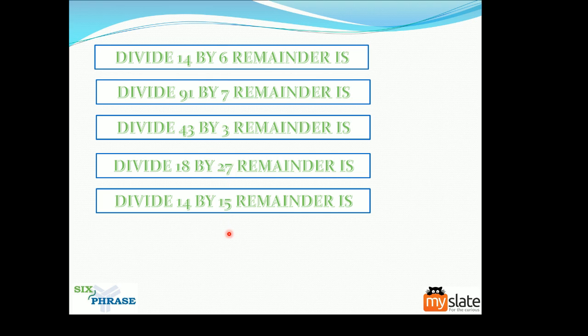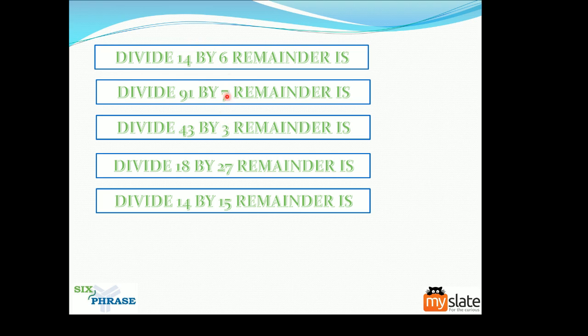Can you spot why? Can you tell why it is like that? In the first three problems, the dividends 14, 91, 43 are greater than the divisors 6, 7, 3.